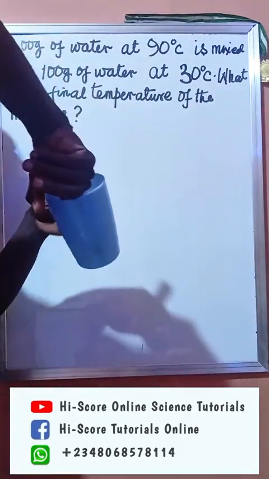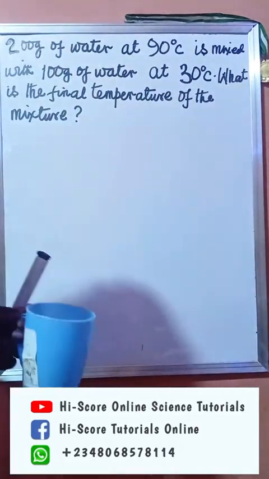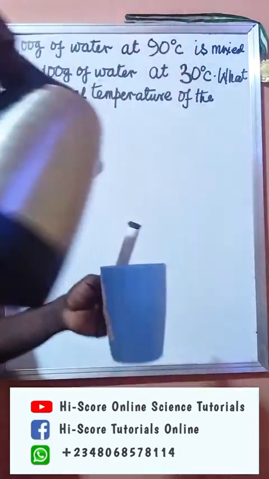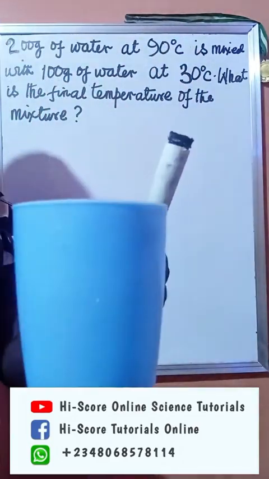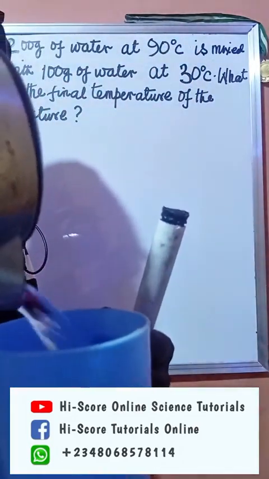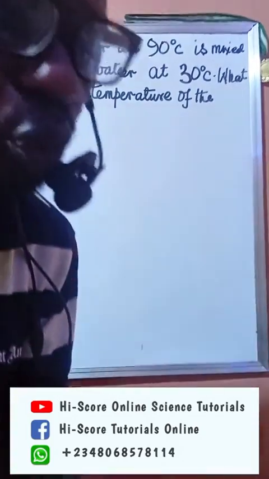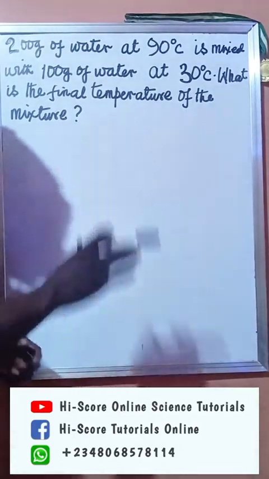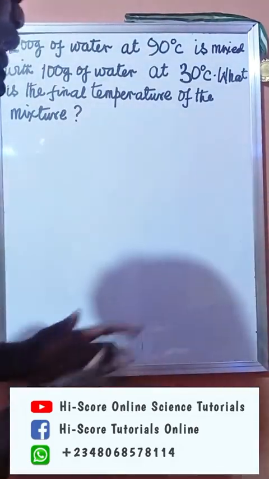It's obviously cold. And we have some water here, 200 grams at 90, almost at boiling point. It's hot. So we're going to find out the final temperature of the mixture when both are poured together.